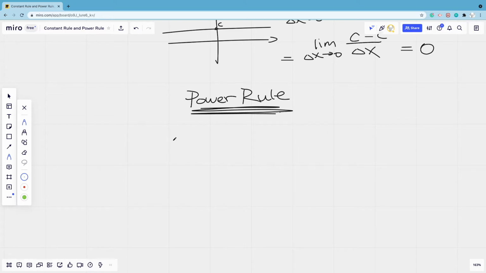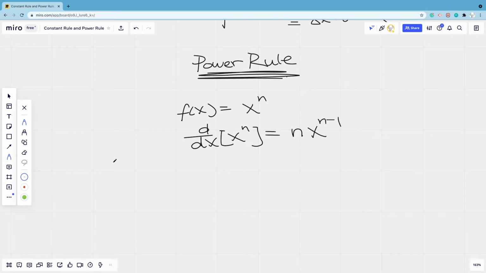It says that for a function f(x) equals x to the power of n, d over dx of x^n equals n x^(n minus 1). This is just another way to say that the derivative of f(x) is n times x^(n minus 1).